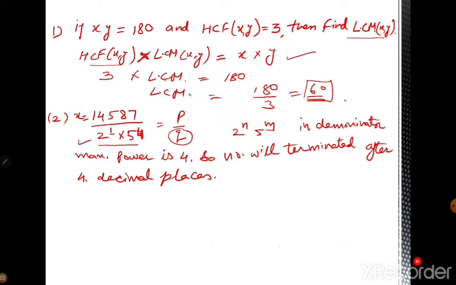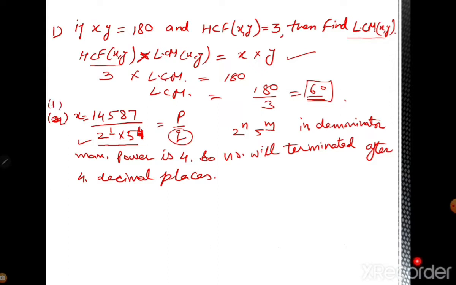So whichever is your maximum power, that number will terminate after that decimal place. Okay, if it is not like that, we have to make it. Okay, this is your OR part, first OR.